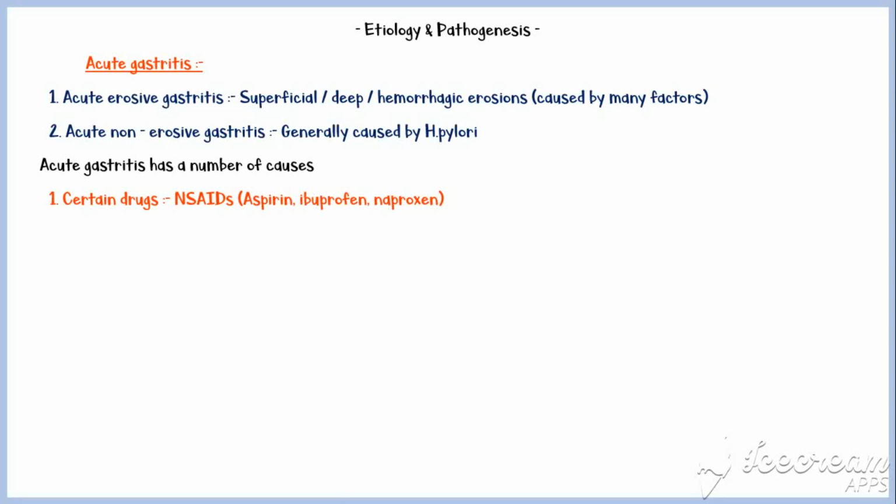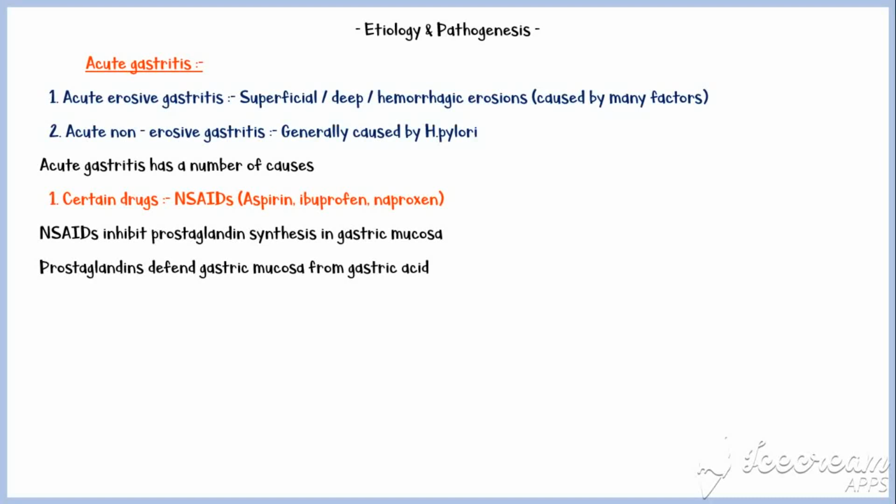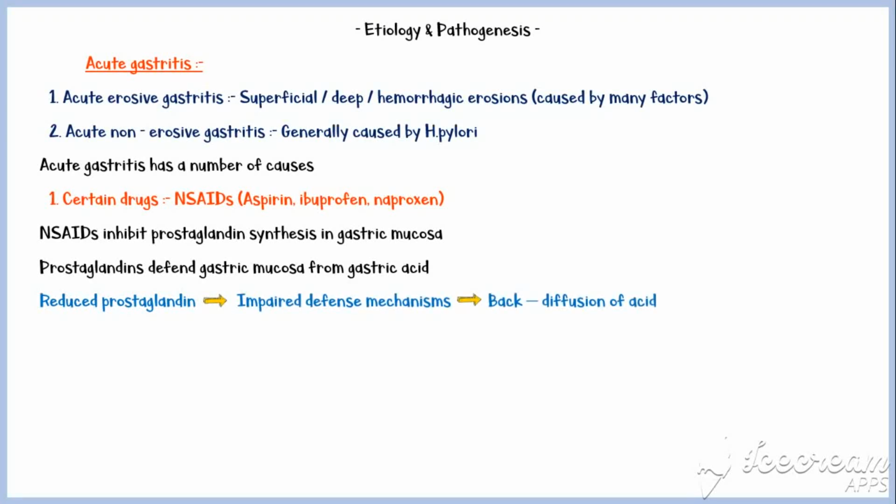Non-steroidal anti-inflammatory drugs inhibit prostaglandin synthesis in the gastric mucosa. As already mentioned, prostaglandins are an essential component of the gastric mucosal defense. Reduced prostaglandin synthesis leads to impairment of these mechanisms and back diffusion of gastric acid, leading to inflammation and erosion.